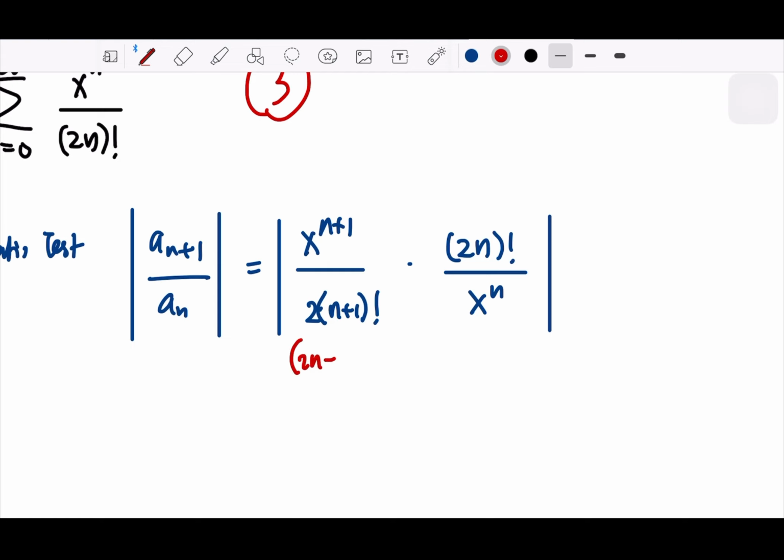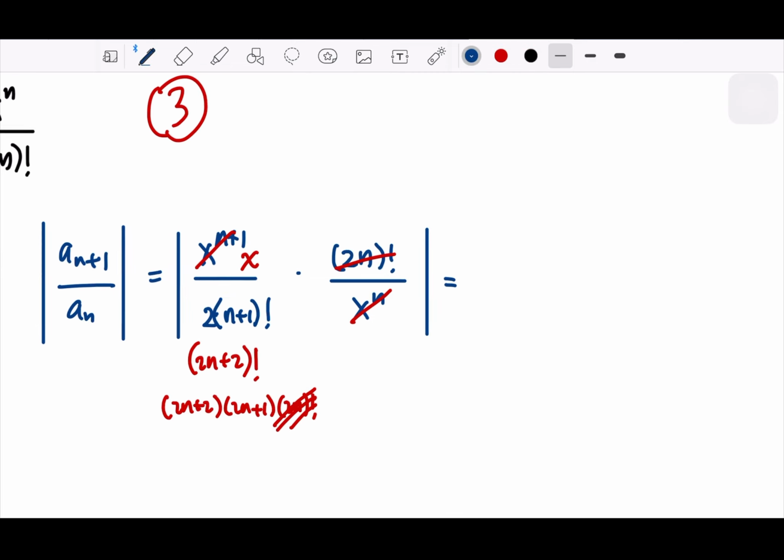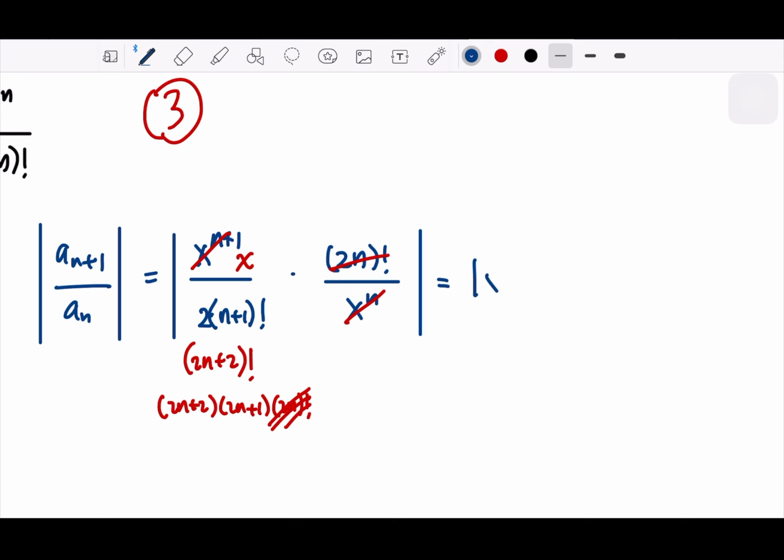This will be (2n+2) factorial, and (2n+2) factorial will be 2n+2, 2n+1, and then (2n) factorial, right? So we can cancel this (2n) factorial, and canceling this, we have x, and then we have 1 over (2n+2)(2n+1).